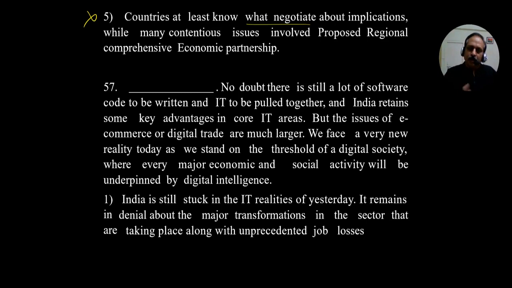This talks about IT, the Indian context, and the strengths and the weaknesses. India is still stuck in the IT realities of yesterday. It remains in denial about the major transformations in the sector that are taking place, along with unprecedented job losses.